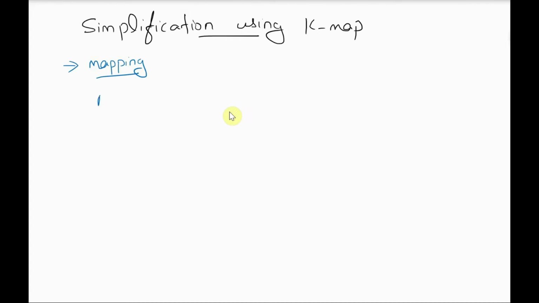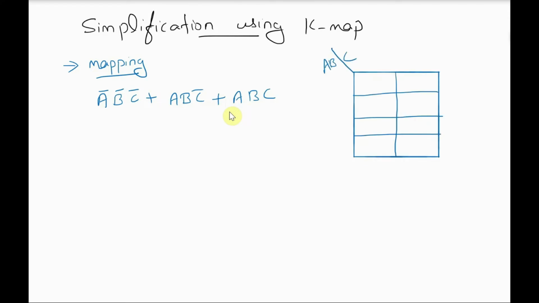Consider the expression a bar, b bar, c bar plus ab, c bar plus abc. Actually, this expression is formed by 3 variables a, b and c. So, we need to draw a 3 variable kmap. If you are not familiar with drawing 3 variable kmaps, go and watch the previous video.